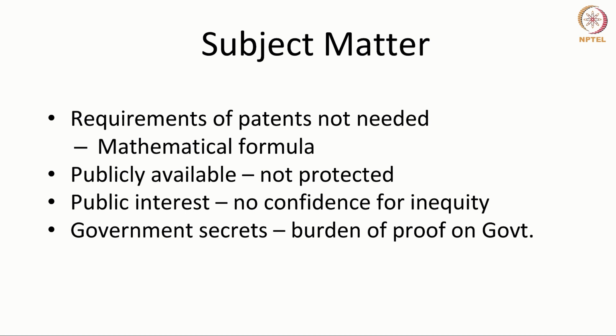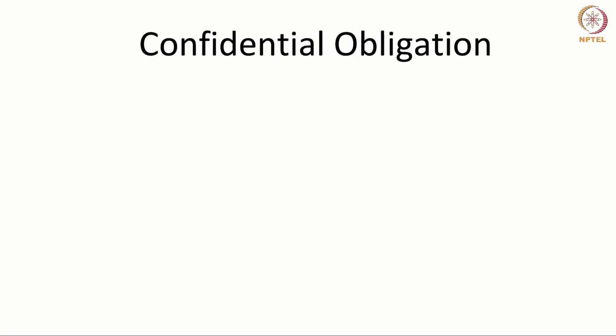But even where government secrets are protected, there is a burden of proof on the government to show that the secret is of such a nature that it deserves protection. So government secrets fall under the normal category of ordinary secrets. Though there is an Official Secrets Act that governs the regime, still the government will have to show why that needs to be protected, especially when the citizens have the right to know how the government is functioning and the right to transparency.